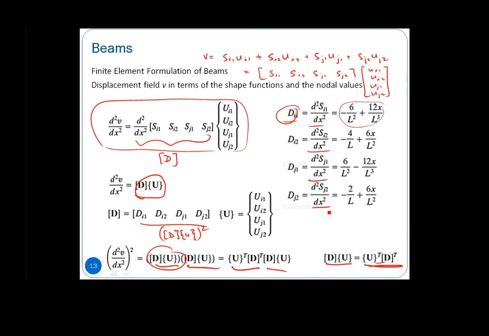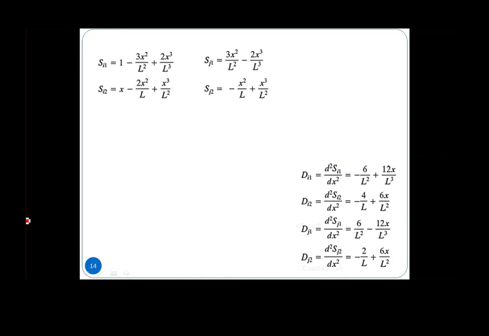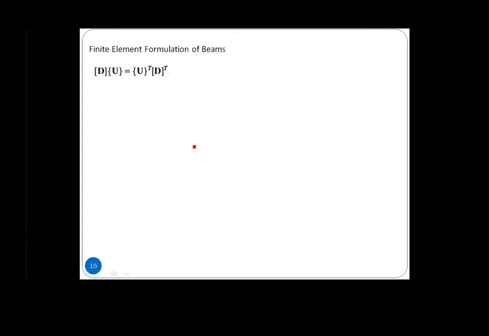So you can prove it. We have d u, which is actually di1 ui1 plus di2 ui2 plus dj1 uj1 plus dj2 uj2.